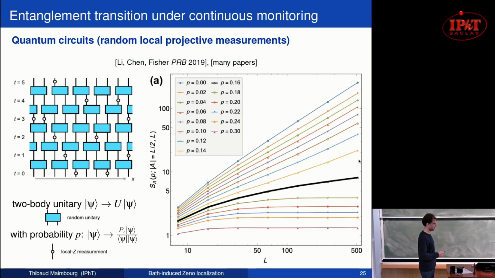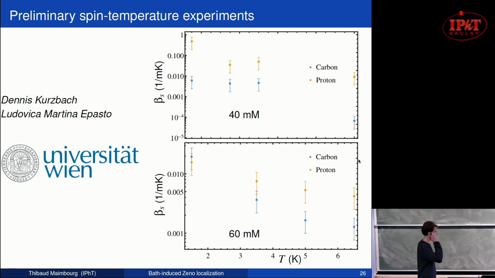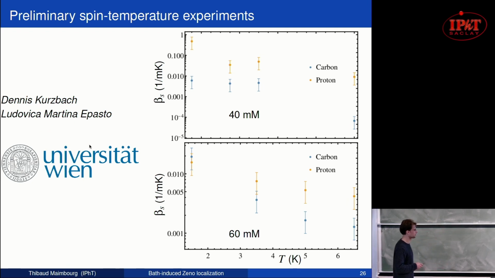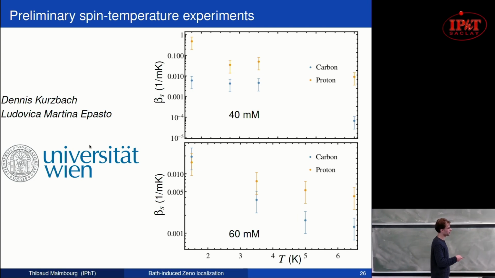Right. Okay. Maybe my last slide before the conclusion is that we are now trying to measure this in real systems. We have a collaboration with experimentalists in Wien, Denis Korsbach and Ludovica Ipasto. What I would like to measure is the EPR spectrum. So far it's not been done, but it's ongoing.